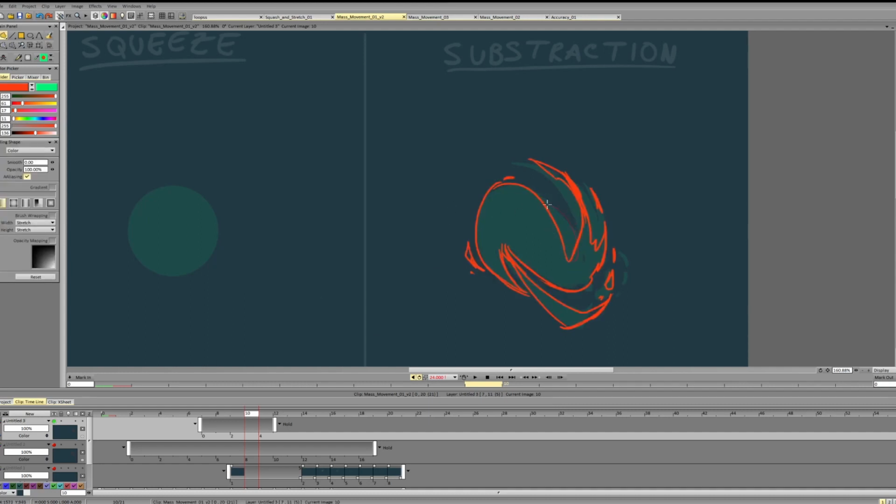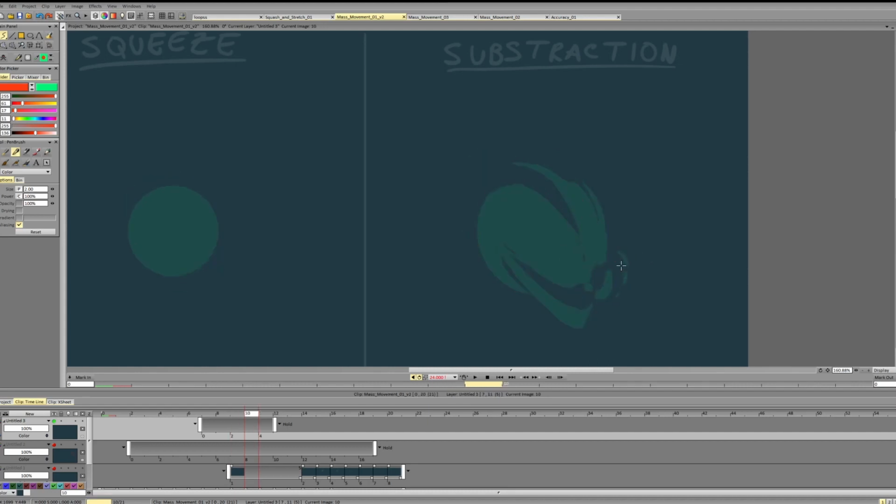And if you want, we can follow this. Maybe add something inside to emphasize the rotation even more. So it's just about designing the shapes and paying attention to how it's going, how it's planned, what we can do to improve it.